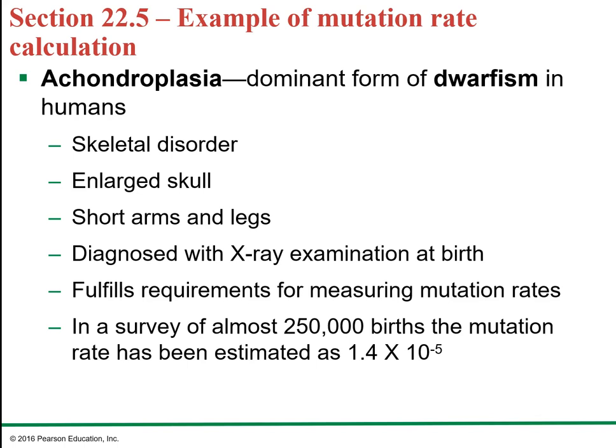When they looked at about 250,000 births, they estimated this mutation rate as about 1.4 times 10 to the minus fifth. From there, they can predict how the alleles might change in a given population over time, and whether this form of dwarfism is going to become more frequent, things like that. Okay.